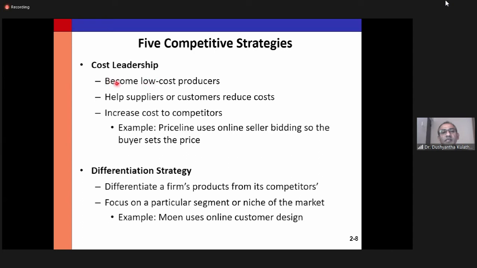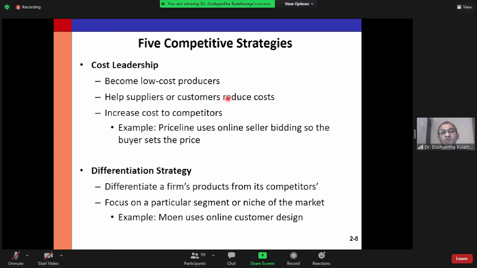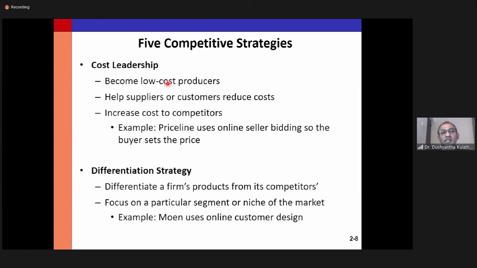Thereby they are in a position to become a low-cost producer in that industry. That can be their focus. They want to be the low-cost producer, and therefore they are going to reduce their cost of operations. Or they can help suppliers or customers reduce their costs, the costs incurred by suppliers and customers.